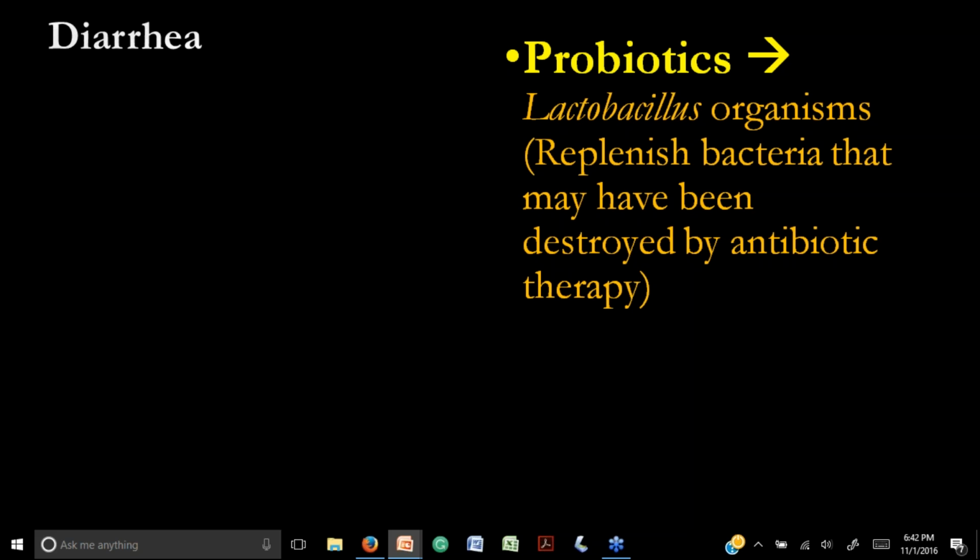When that happens, the one that mostly survives is C. diff, because C. diff, if you remember, has sporulation. They cover themselves with a capsule when the antibiotic is coming.